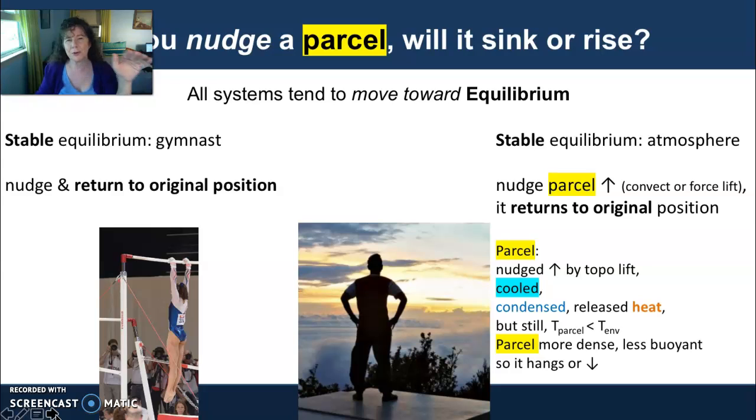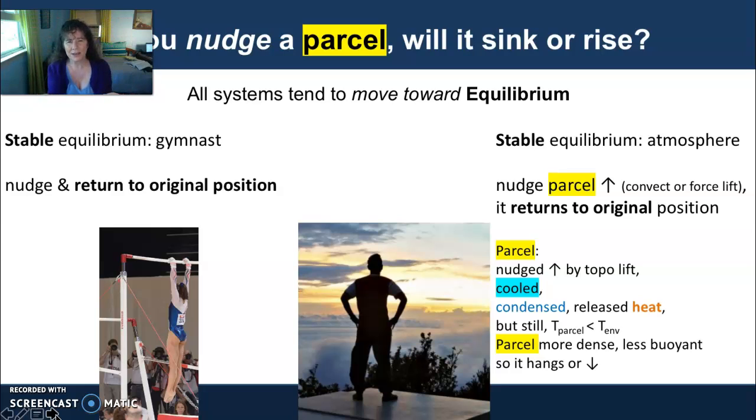How does that refer to an atmospheric situation? Well, if you nudge a parcel, will it sink or will it rise? That's what we're looking for in the sounding. So in other words, if you're looking at a stable environment, what you're saying is if you nudged up the parcel holding that fog, would the fog lift and continue to rise, or would it sink?